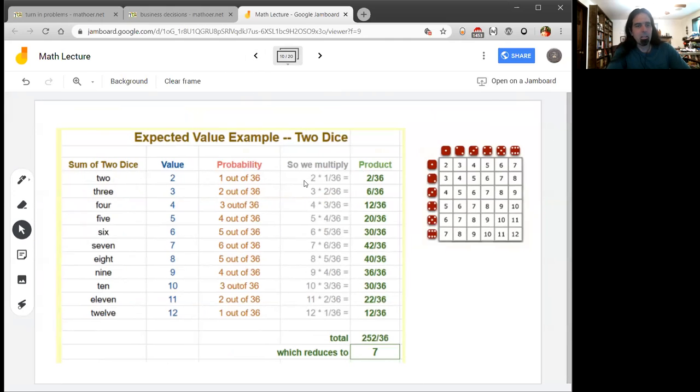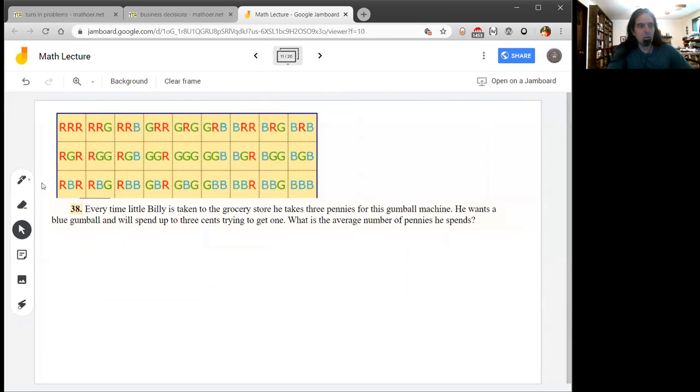So we need these categories, these columns. So we have the outcome. We have a value for that outcome. We have the probability.